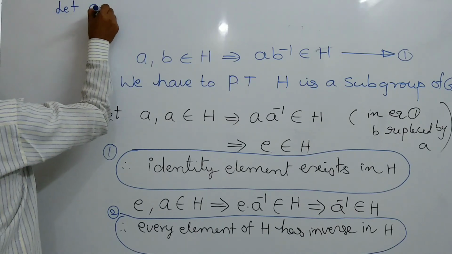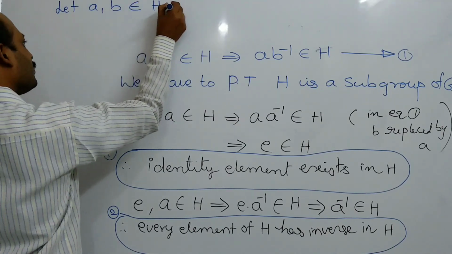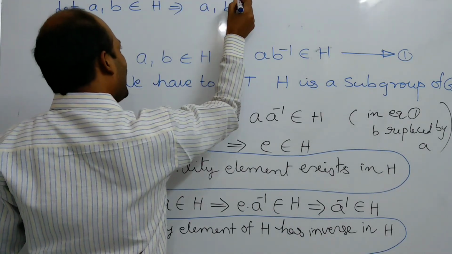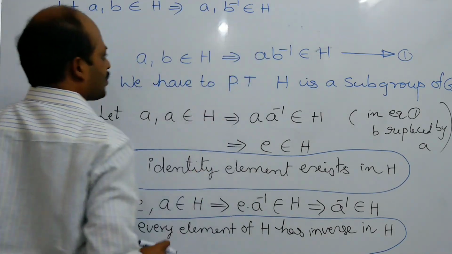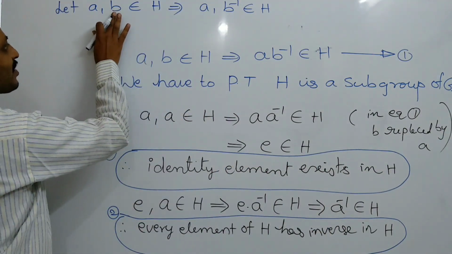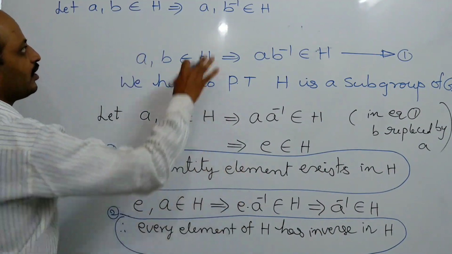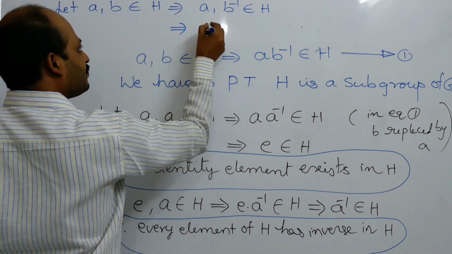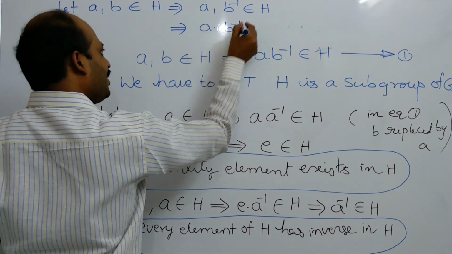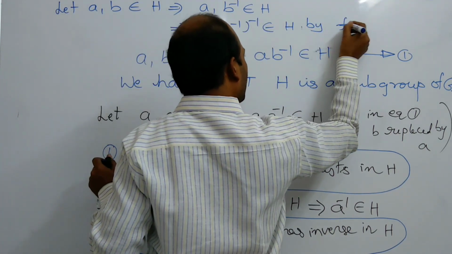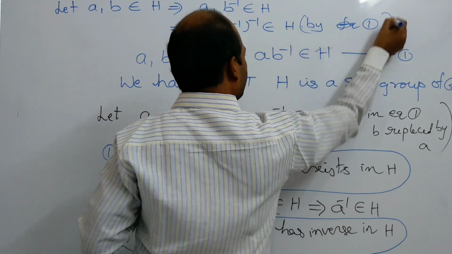Let us take A, B belongs to H. Apply the inverse axiom for B. A, B inverse belongs to H, because every element of H has inverse. So apply the inverse axiom only for the B element. Now apply equation 1.